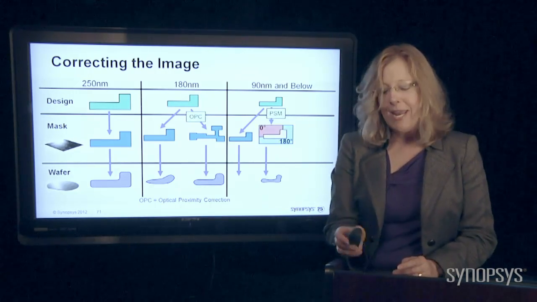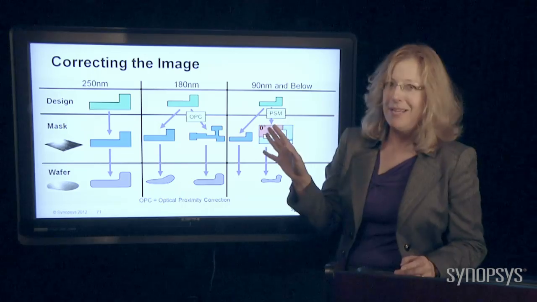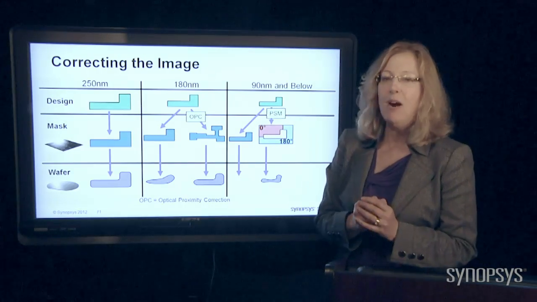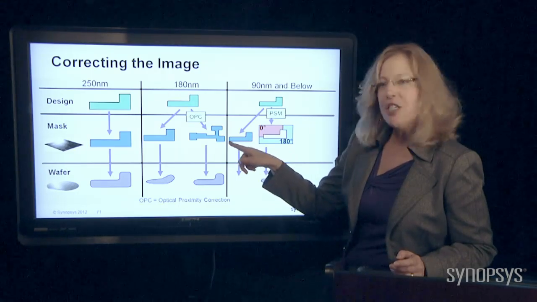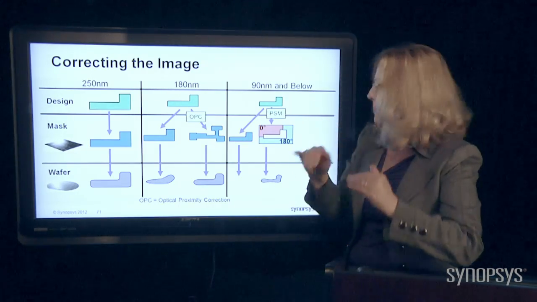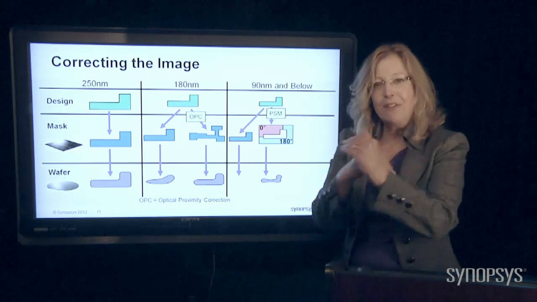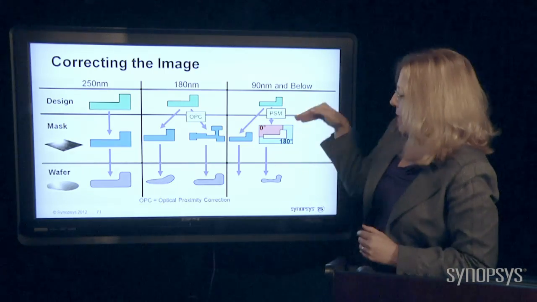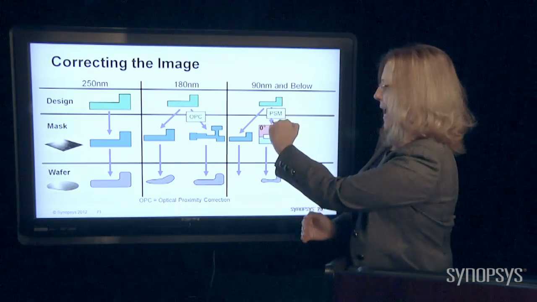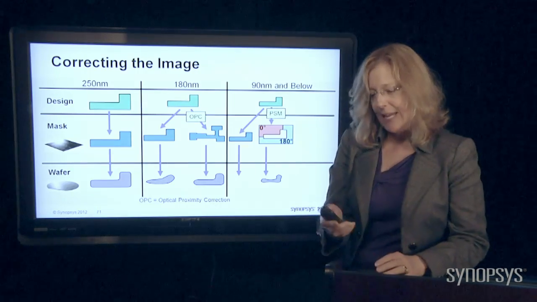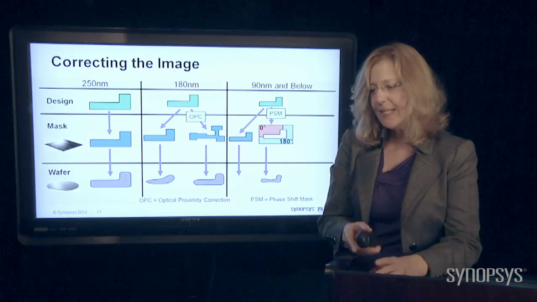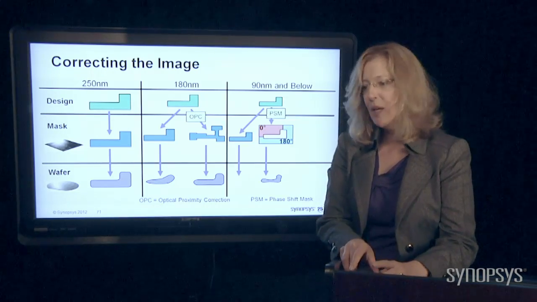So we invented, I didn't, but the smart engineers in EDA invented a way to go to the mask, and they actually etch it away a little bit. They reshape it so that the light goes through at different angles. And when the light goes through at different angles, now it's able to come out and actually print something. And this step is called PSM, or phase shift mask.